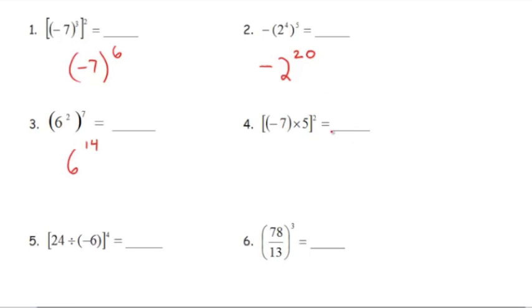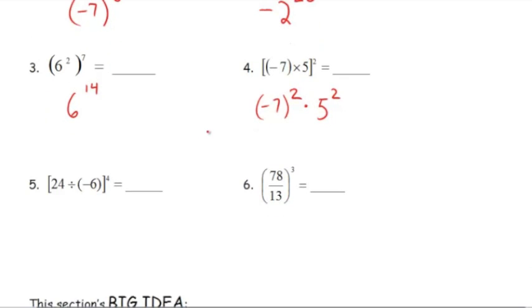Number 4, this is one where we can separate this product that's inside the bracket. So this becomes negative 7, and we can separate that by applying the exponent to it, and then multiplying the other base, which is 5, and raising that to the power of 2. Number 5 and then number 6.